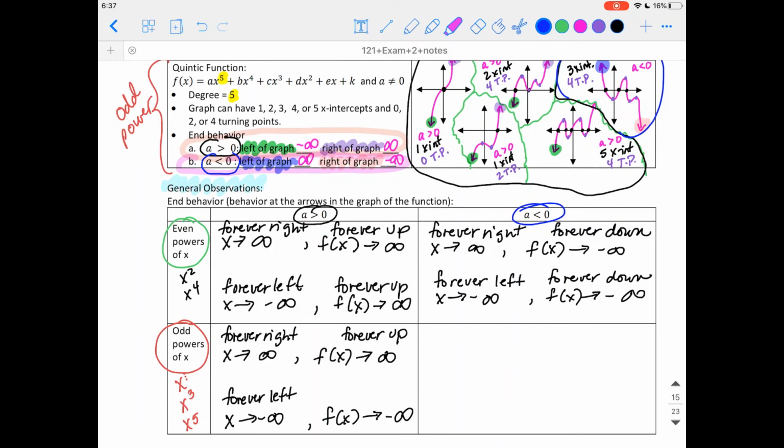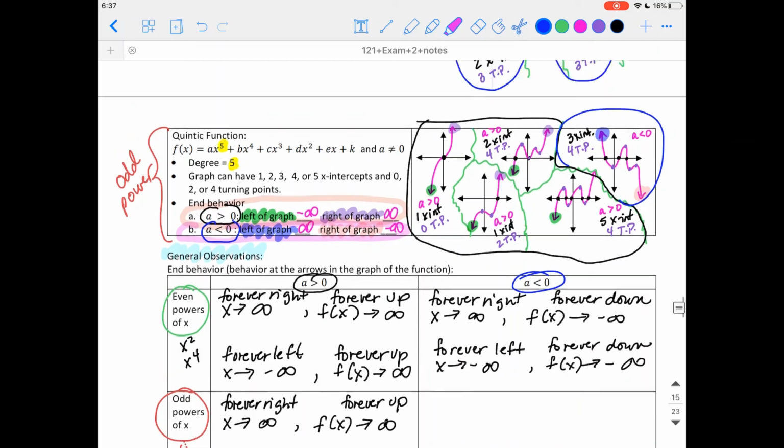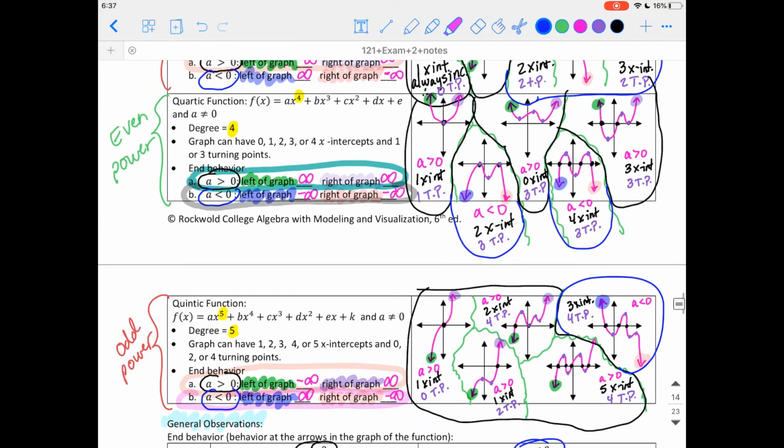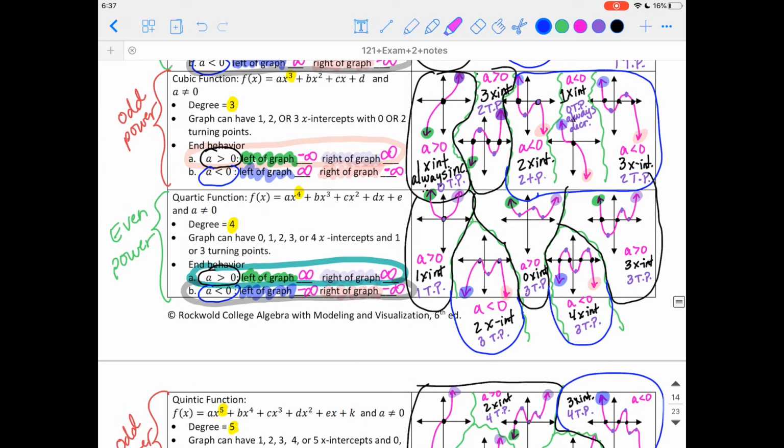So the left of the graph, as your x's head towards negative infinity, it's going forever up. And the right of the graph, as x is headed towards forever to the right, the graph is going forever down. And that is the case for all odd powers where your a is less than 0.